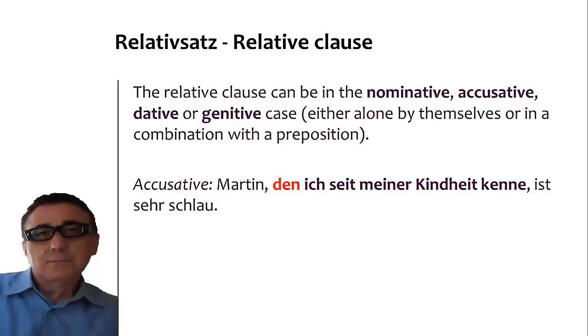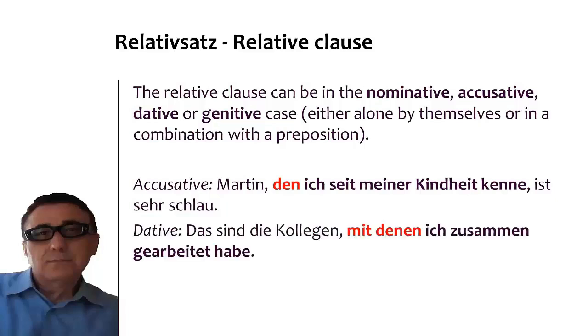Because Martin is a male, his article is der Martin. My verb is kennen. Kennen is used in accusative. This is the reason I convert the article of Martin into den. So, Martin, den ich seit meiner Kindheit kenne, ist sehr schlau.